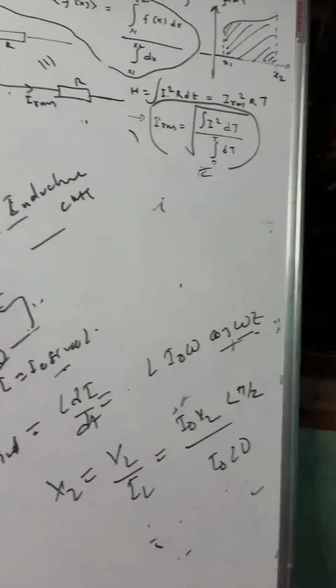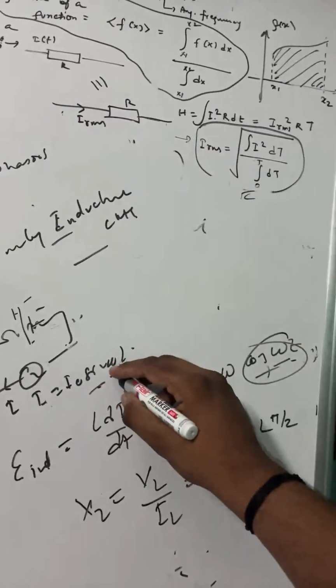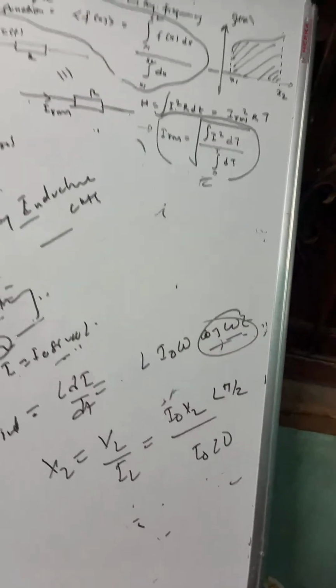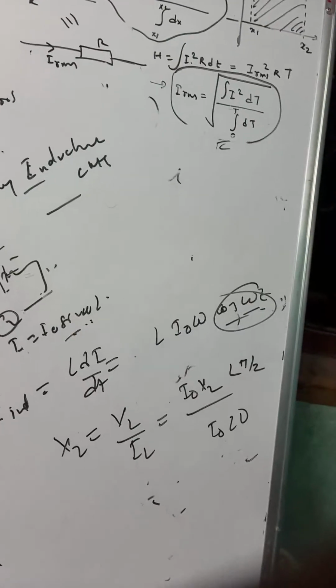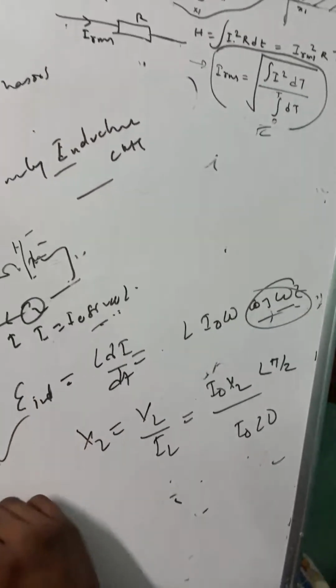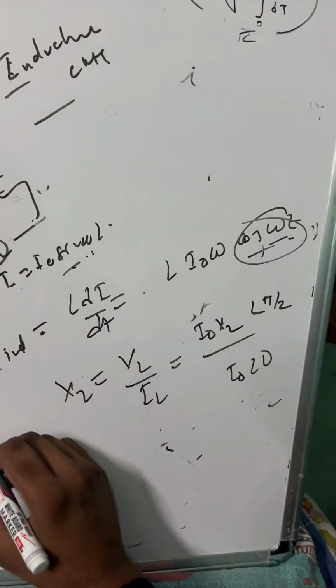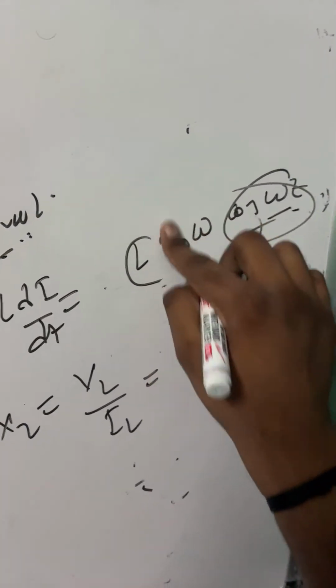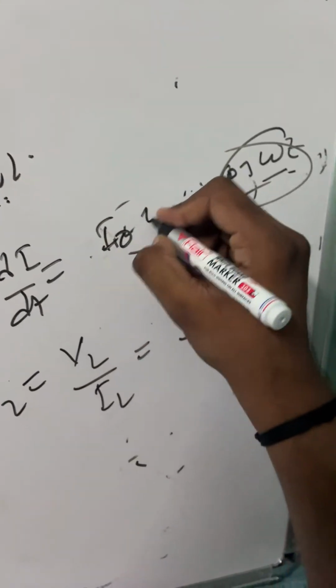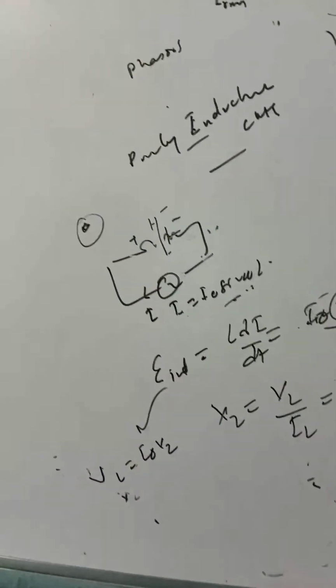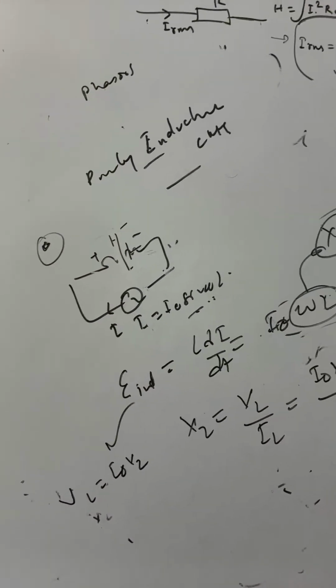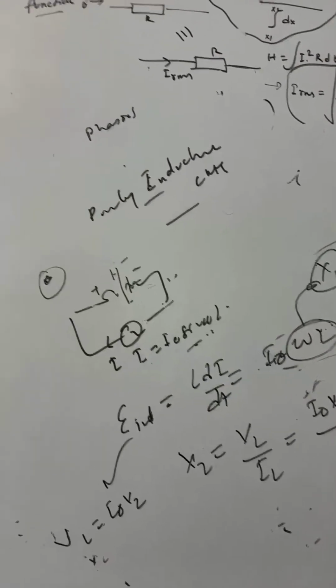So the thing to tell here, you can see cos omega t is changed from sin omega t, so the phase difference will obviously be positive, and it will be pi by 2, right? You can just write VL equals I naught XL. So here I naught omega L, writing clearly, this omega L is the complex impedance XL here, right? And in case of an inductor, the voltage will lead the current by a phase angle of pi by 2.